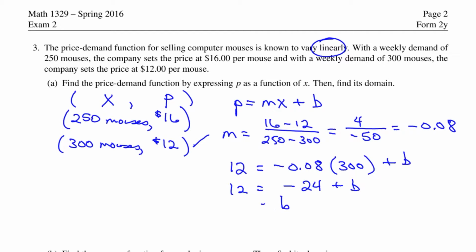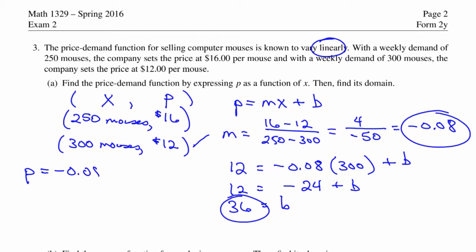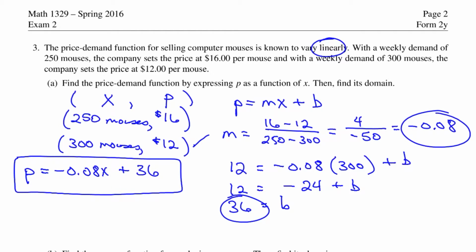And so b is equal to 36. So using the slope and the y-intercept, we get P is equal to negative 0.08x plus 36. So that's the linear equation that gives us the price-demand function.